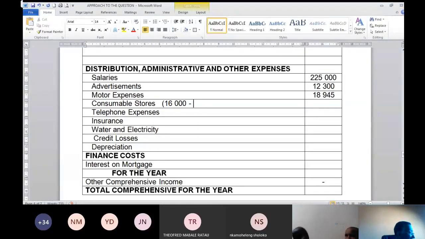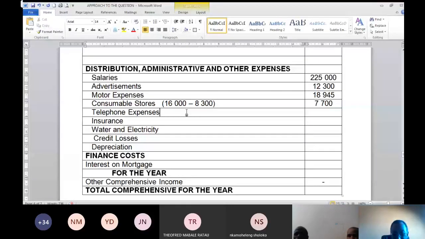So my consumable stores, guys, even though I paid 16,000 Rand for my consumable stores, I also had consumable stores, guys, on hand at the end of the year of 8,300 Rand. And therefore my expense for consumable stores that you will show in your statement of profit and loss and other comprehensive income is only 7,700 Rand.